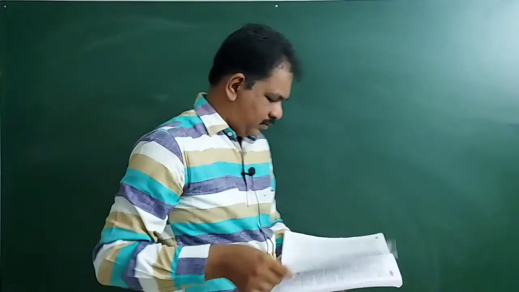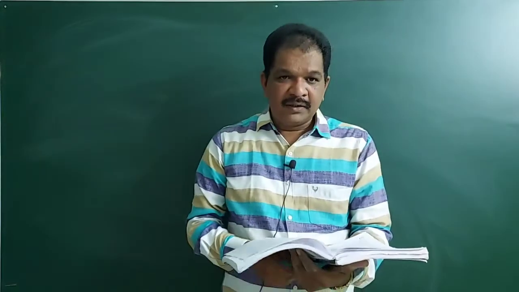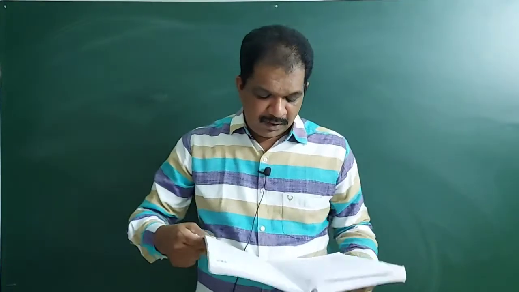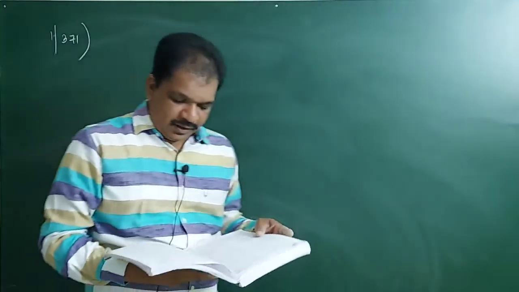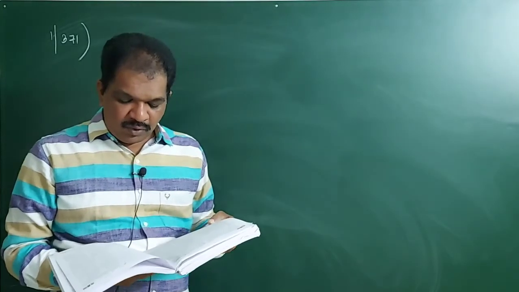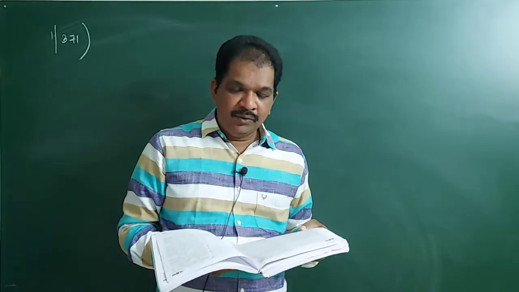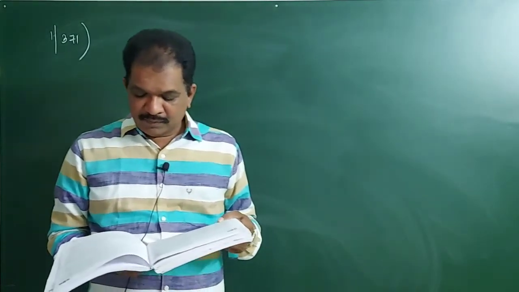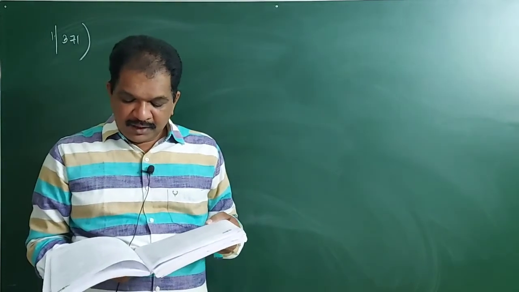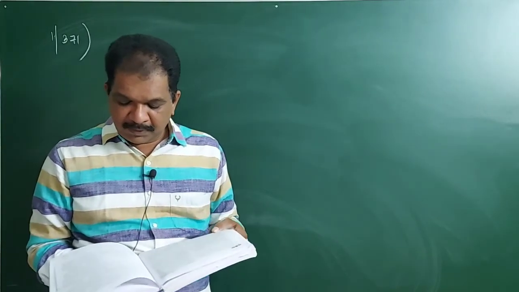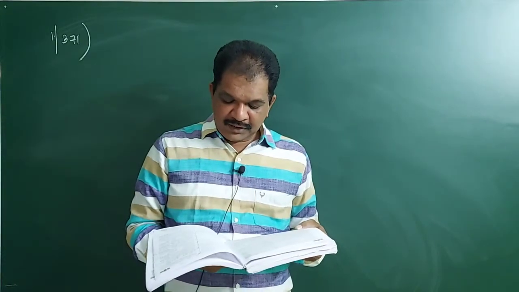See the problem number 1, page number 371. What they are asking: 1 mole of ideal gas is taken from A to B, from B to C, and again back to A. The variation of its volume with temperature for that change is as shown.